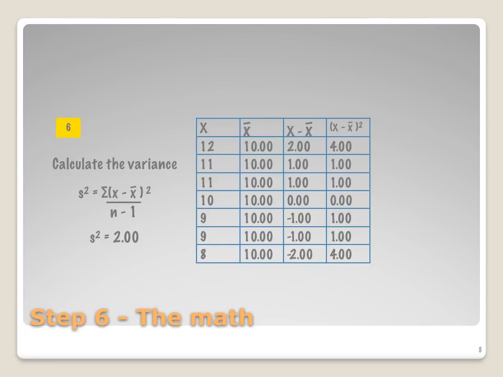So the variance, s squared, is equal to 2.00. So now that you've calculated that, let me go through and try to explain why we use n minus 1. It might not be clear during this podcast, but as we get on into statistics, it's going to be a lot more clear.